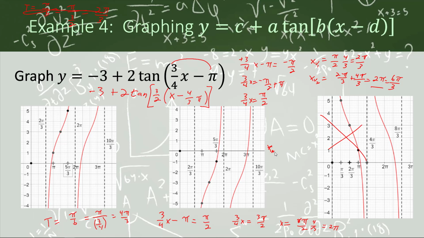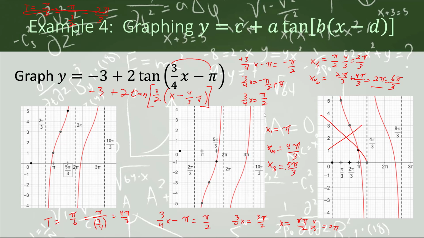So xm is 4 pi/3. That means that our first quarter is going to be at pi, 3 pi/3. And the third quarter is going to be at 5 pi/3.